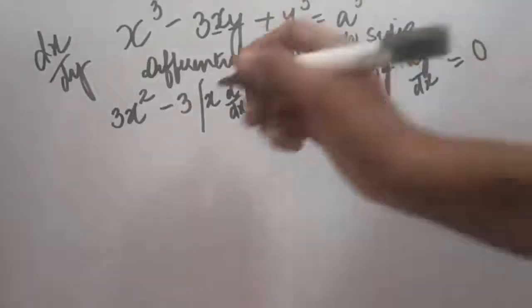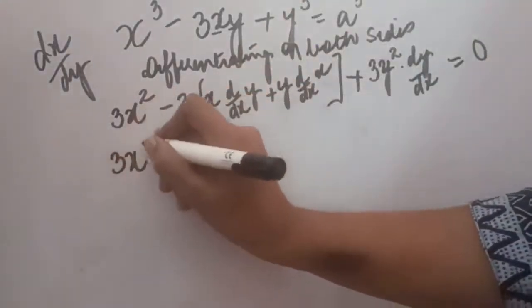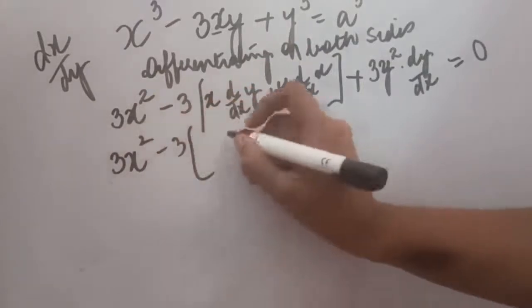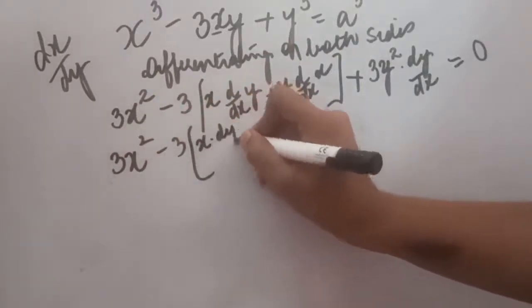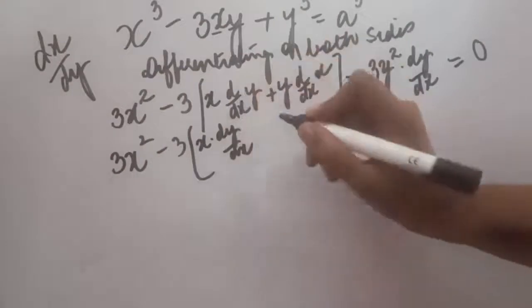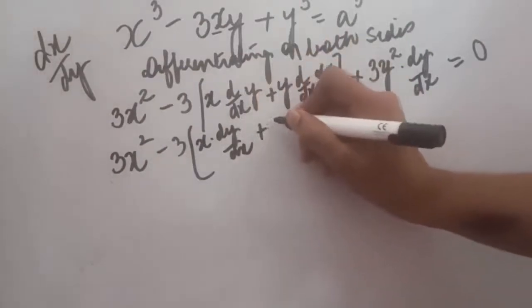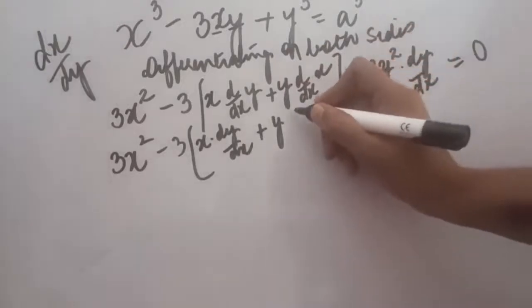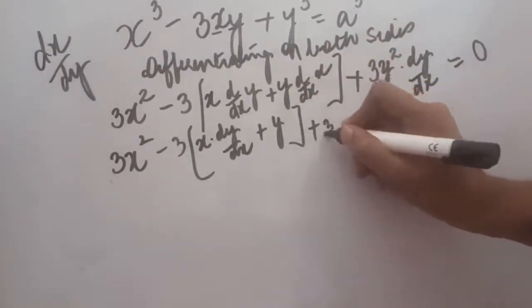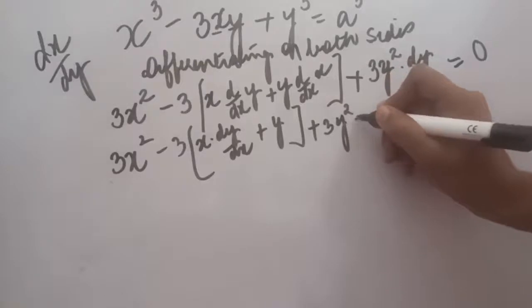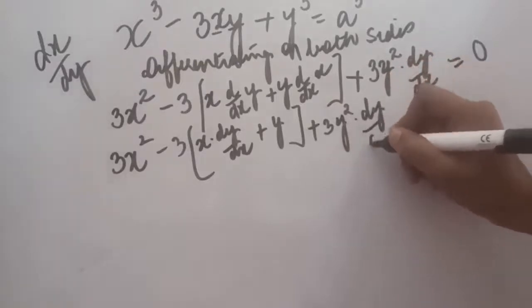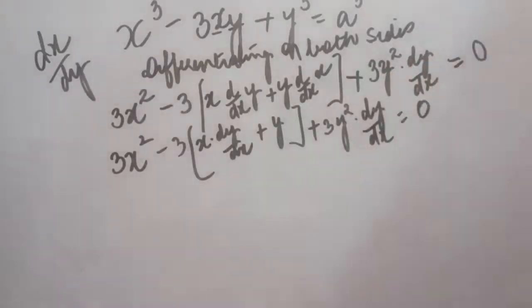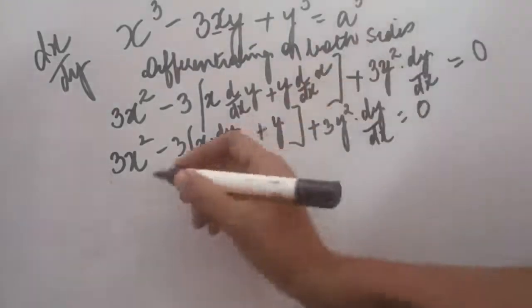Now coming to the next step, it will be the same 3x square minus 3. If I just solve it, it will be x into dy upon dx, plus y. Differentiation of x will be equal to 1, so we multiply by 1 and need not write it. Plus 3y square into dy upon dx is equal to 0. Now let us open the bracket.